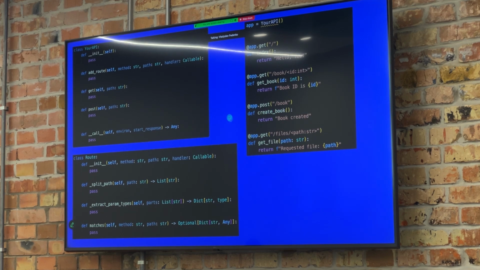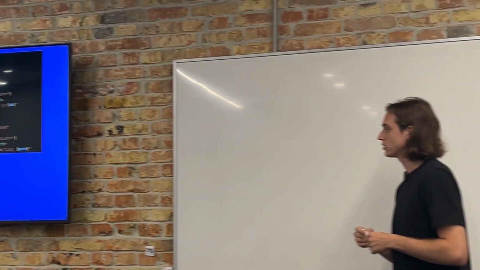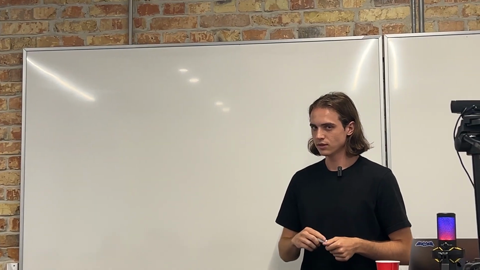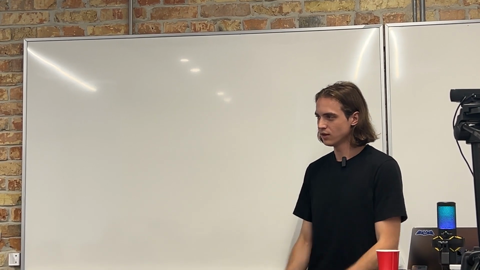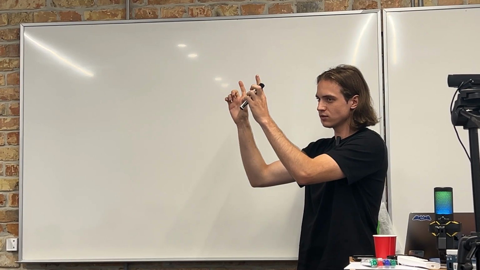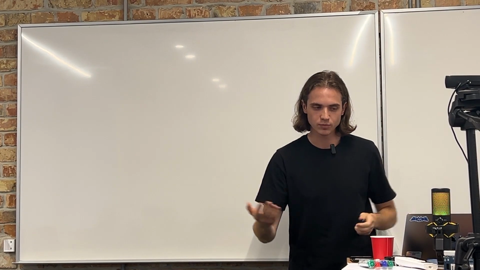Yeah, and let's start. So let's start from the definition of routing. So what is routing? Basically routing is a process of association of the path that the server receives from outside. And you already worked with paths.